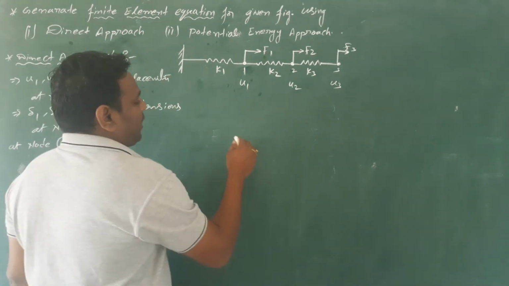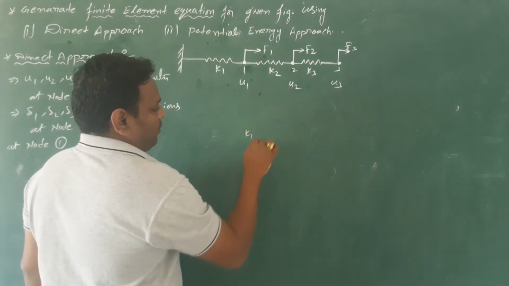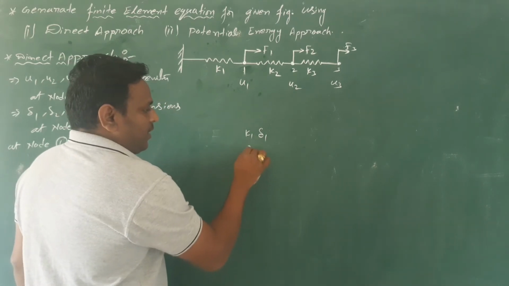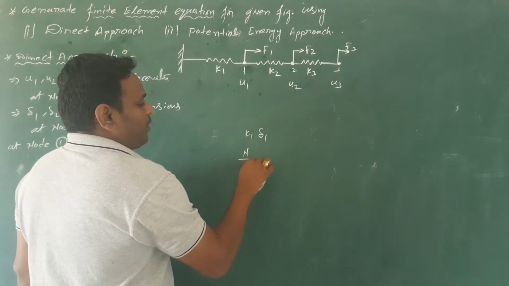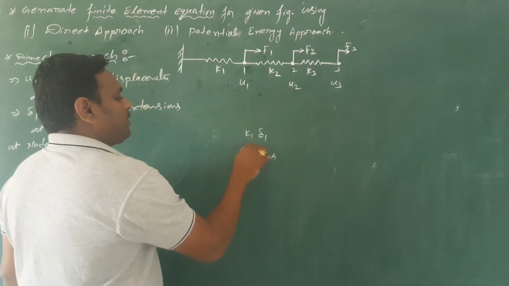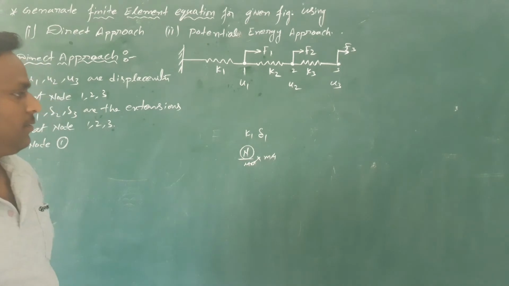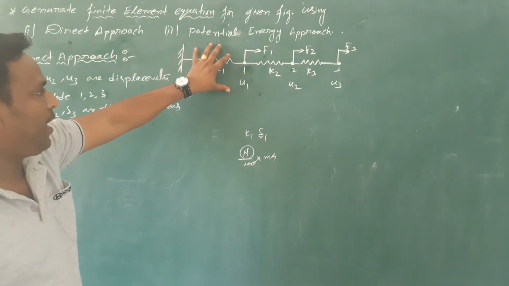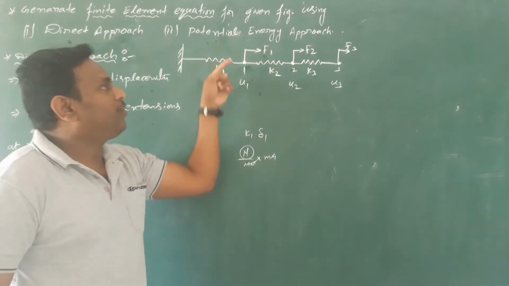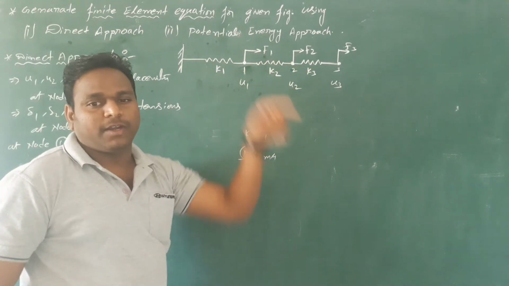The spring force here is K1 into delta 1. K1 is stiffness in Newton per mm and the deflection is in mm, so the mm cancels and the force remains. So the spring force K1 delta 1 acts in the opposite direction if the force is applied in the forward direction.